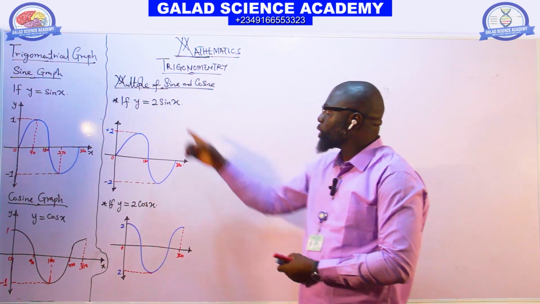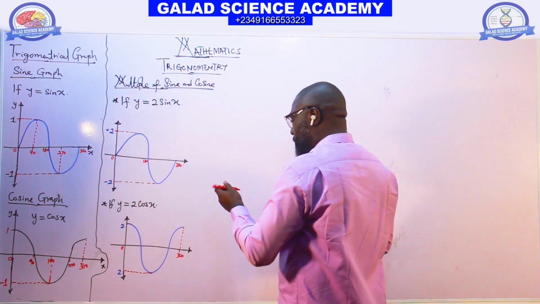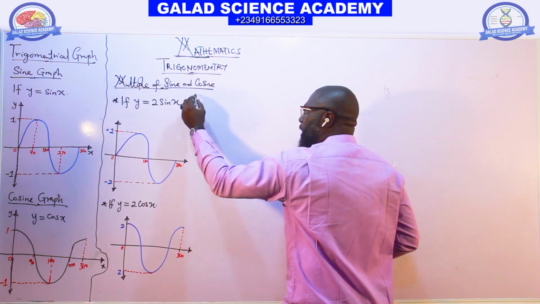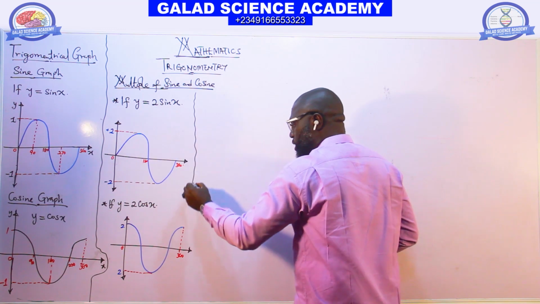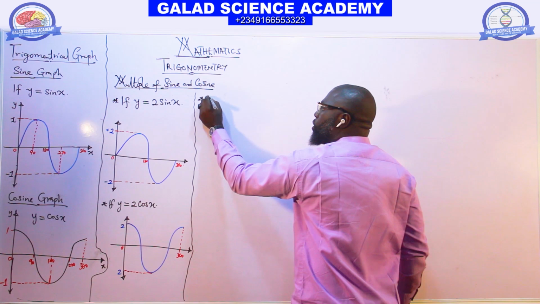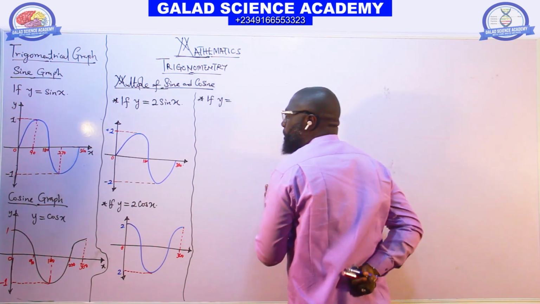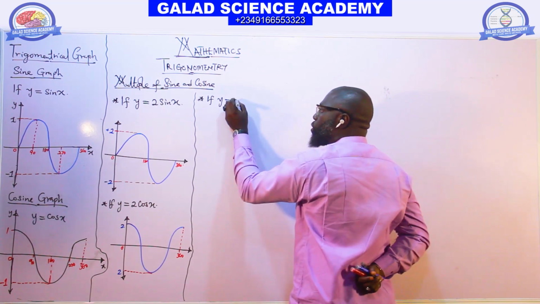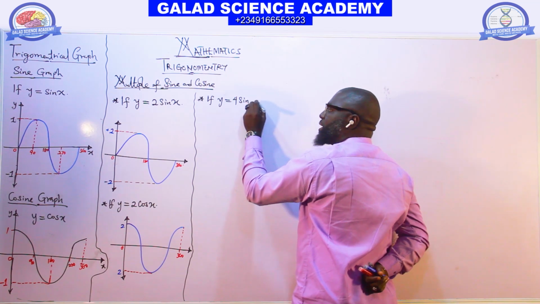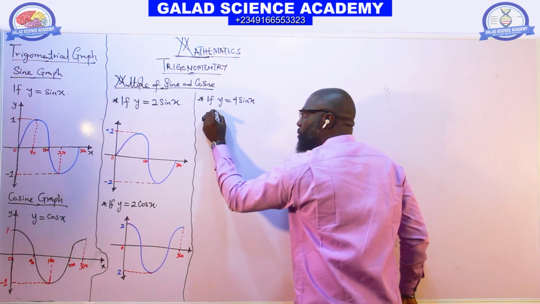So that is for the multiple. But again, if we are given a graph, assume that you are given y is equal to 4 sine x, what will be the nature of this graph?